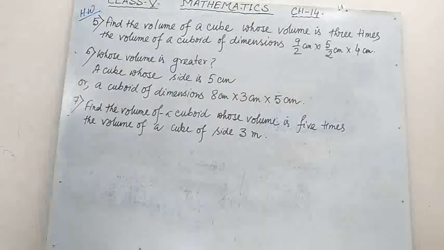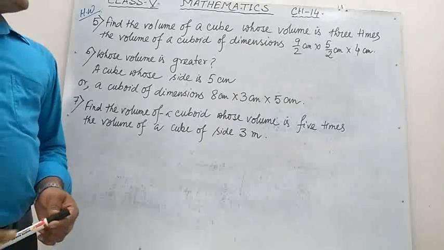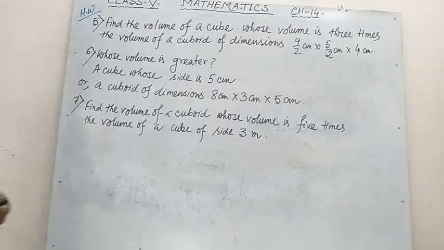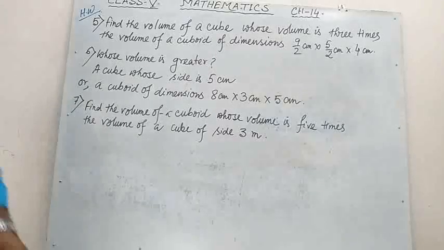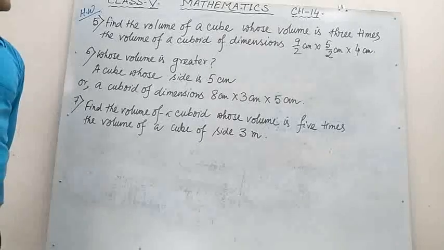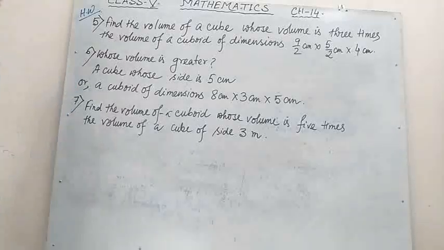Next, number 5. Find the volume of a cube whose volume is 3 times the volume of a cuboid of dimensions 9 by 2 centimeter into 5 by 2 centimeter into 4 centimeter.